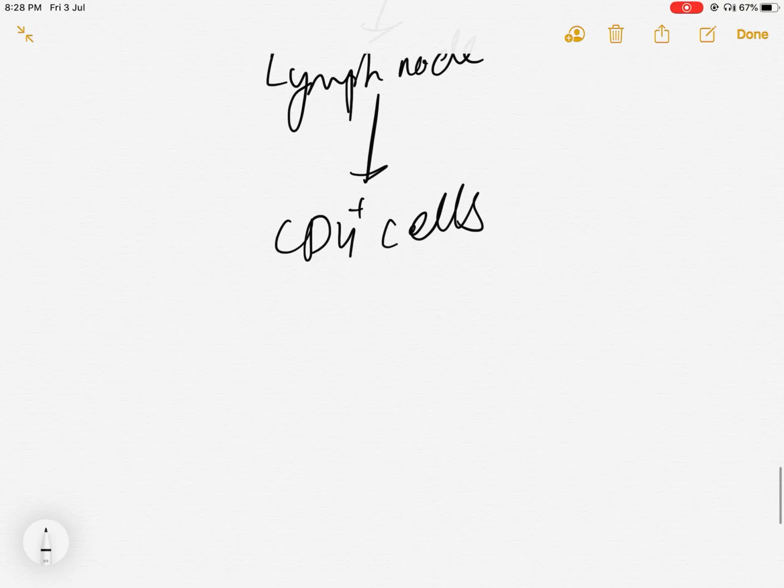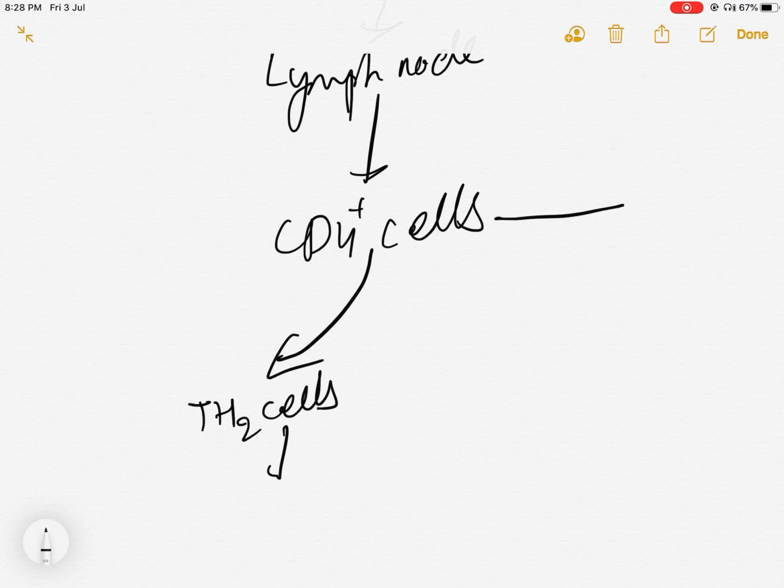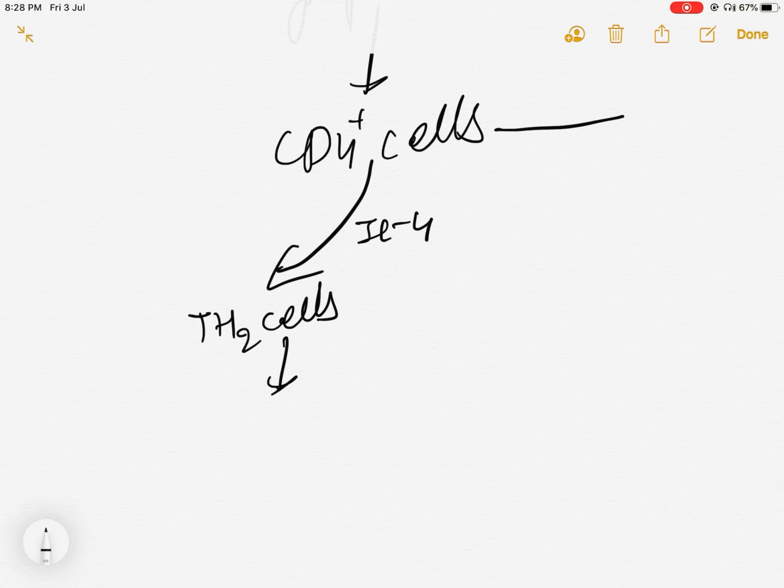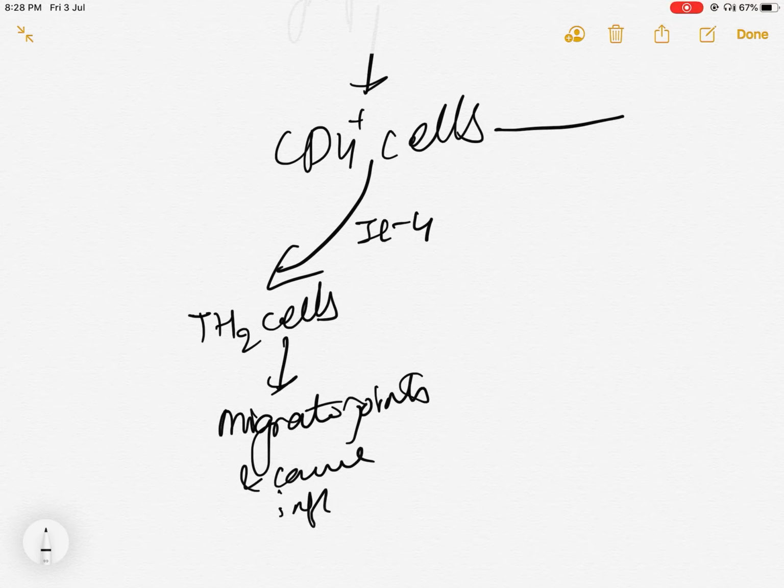What do these CD4 cells do? They act through two mechanisms. One is Th2 cells, which is through interleukin 4. They migrate to the joints and cause inflammation.